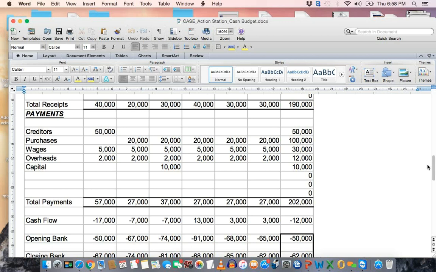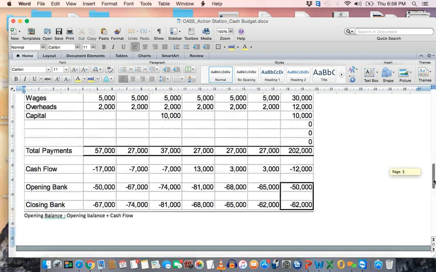Now we have a cash flow here, and then we have our first month's opening balance. The opening balance is equal to our overdrawn amount and unpresented checks, but normally when we do our calculation of the opening balance, we take the opening balance plus cash flow for the second month.